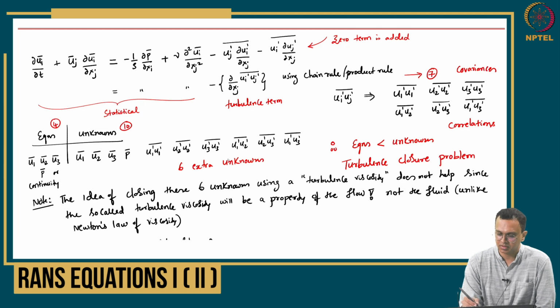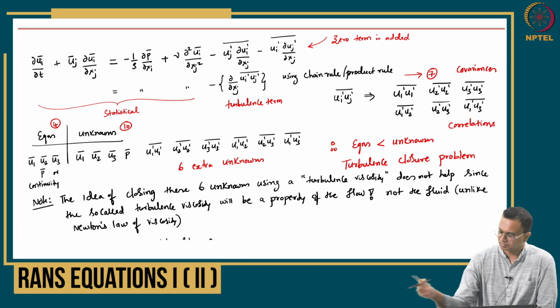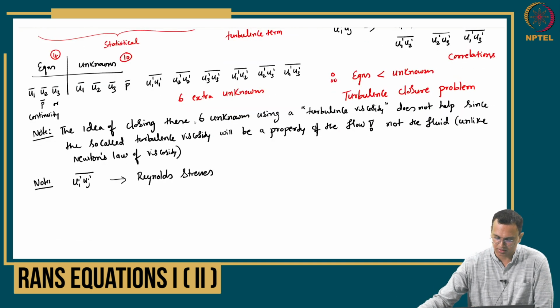See, this term has its origin from the non-linear term. It is just a correlation. Its physical meaning is it's a correlation. It's a non-linear correlation term, and it's the origin of turbulence. It knows about turbulence. It's non-linear and it's a correlation. It is not a stress. So then why is it called stress? Its dimensions are like stress. So if you take this particular equation, let's rewrite only the stress term here.